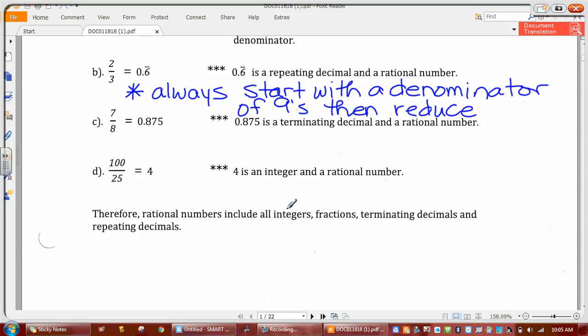So 0.6 repeating started as 6 over 9, and then we reduced it to 2 over 3. So almost every repeating number starts over 9.